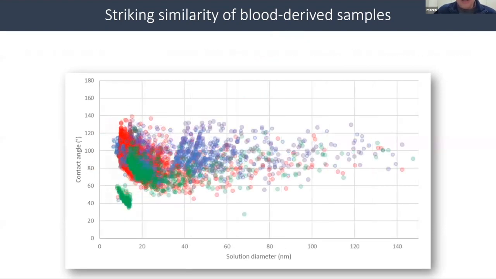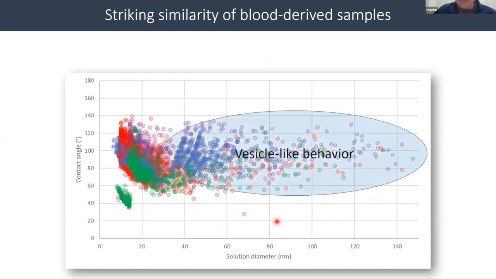If we zoom in on this portion here, we can see that we have this region here, which is well described, which is compatible with vesicle-like behavior, but we also always have a very abundant cluster here with sizes centered around 20, 25 nanometers, which we already know from geometry cannot be vesicles because they are too small.